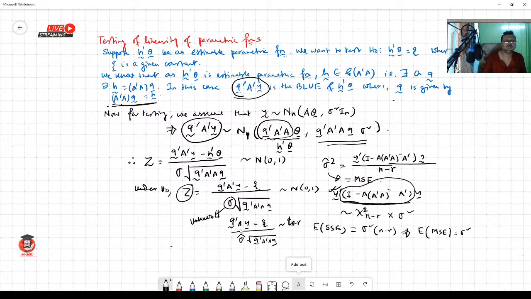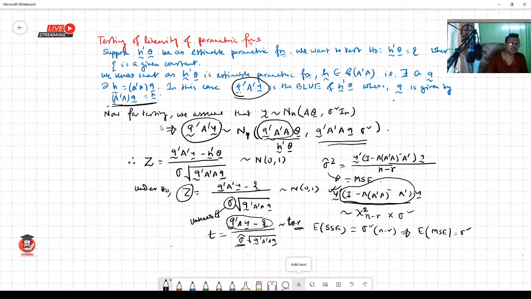This is because q curl prime a prime y curl is from the estimation space, and SSE comes from the error space, so these two are independent, and q curl prime a prime y curl follows normal distribution, and SSE by sigma square follows chi-square with n minus r degrees of freedom. Therefore this ratio follows t distribution with n minus r degrees of freedom, and I denote this statistic by t.